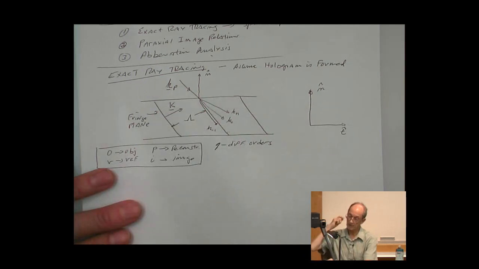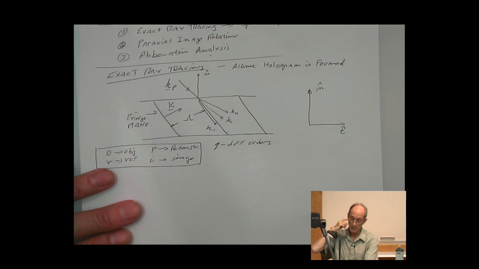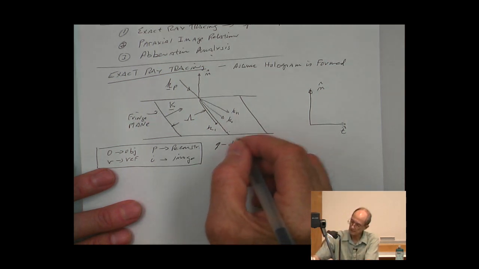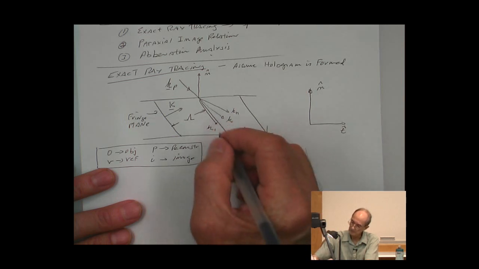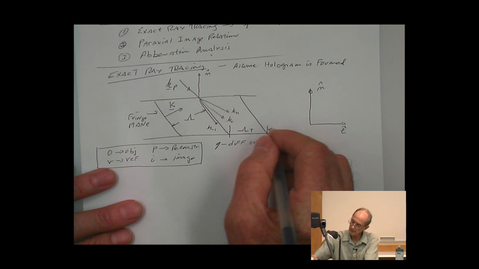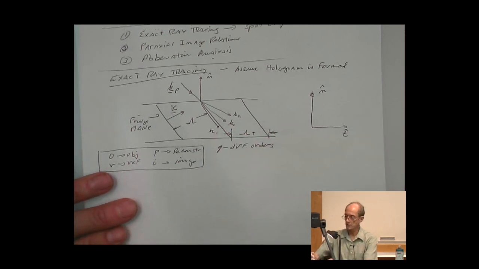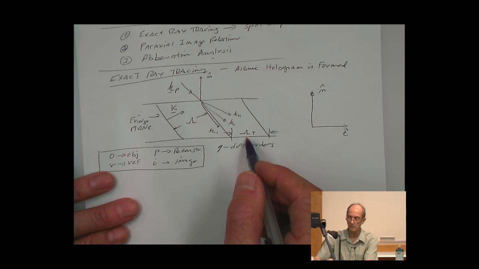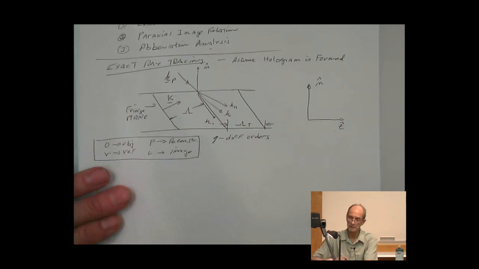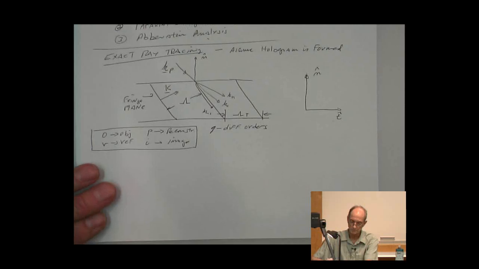The volumetric K vector is like so. But we also have the surface period. And so along this surface, we're going to have a different period, capital lambda sub t, which again is along that tangential direction.